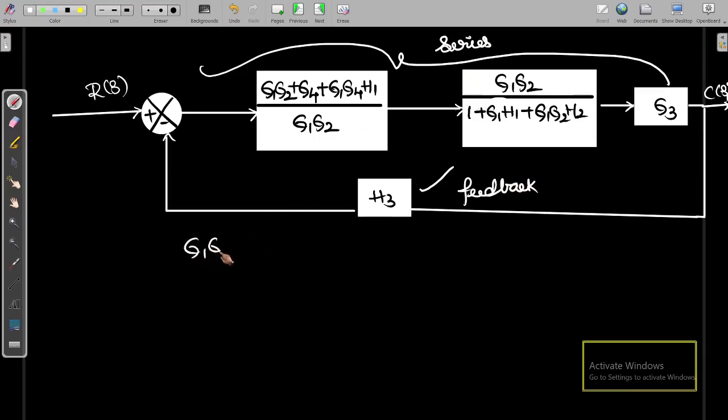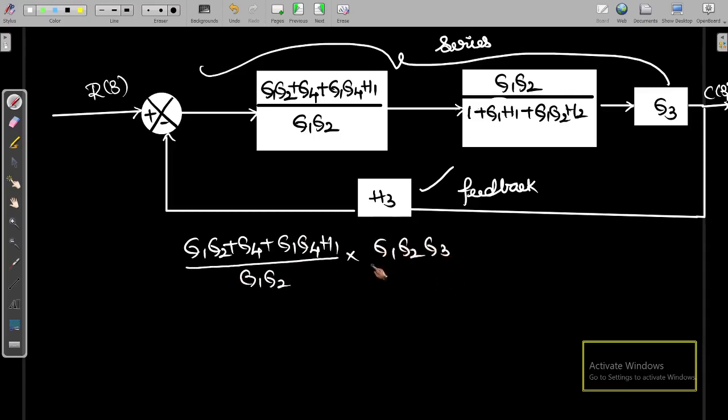The series element G1 G2 plus G4 plus G1 G4 H1 into G1 G2 G3, that gets cancelled here.